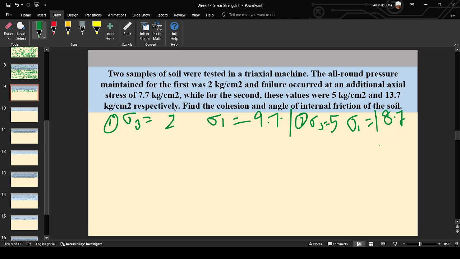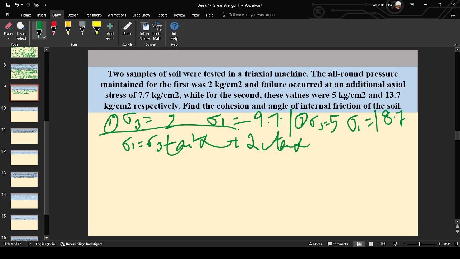Okay, 18.7. Now we have sigma 1 and sigma 3, and we have this equation sigma 1 equals to sigma 3 tan square alpha plus 2c tan alpha. Using both the values of sigma 1 and sigma 3, we get two equations, two unknowns, we solve them simultaneously, and then we get a value of tan alpha and c.